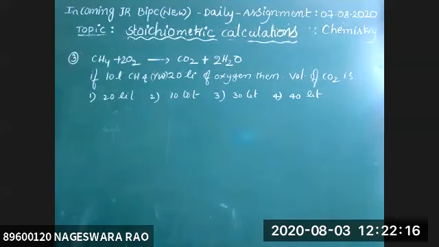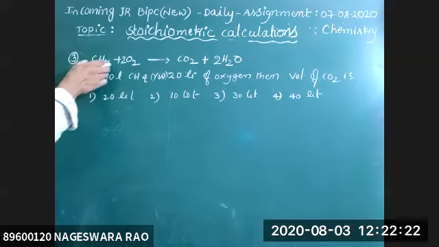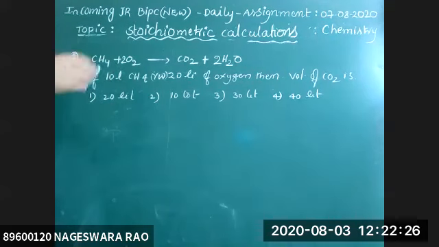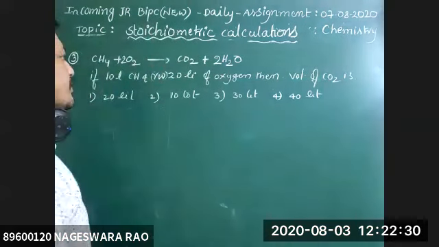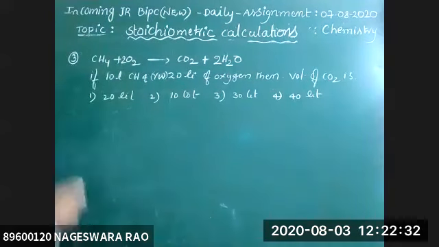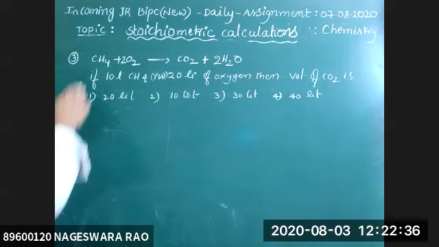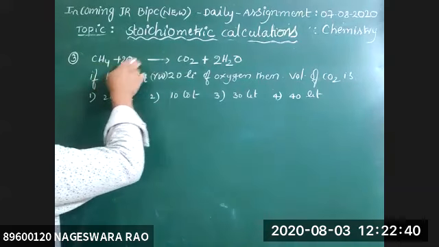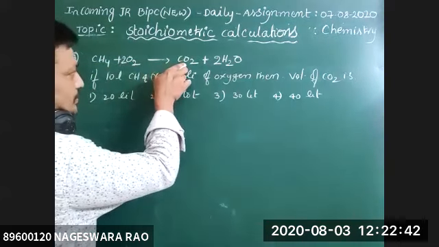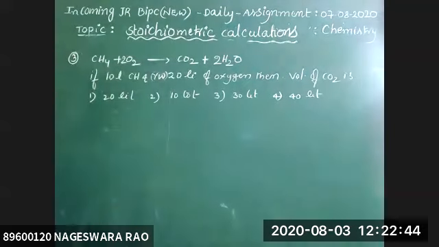CH4 plus oxygen, combustion of methane. According to the equation, 1 mole of methane reacts with 2 moles of oxygen to produce 1 mole of CO2. That means 1 liter of methane reacts with 2 liters of oxygen to give 1 liter of CO2.